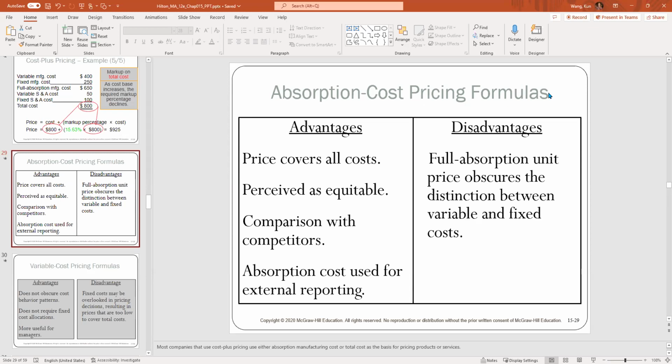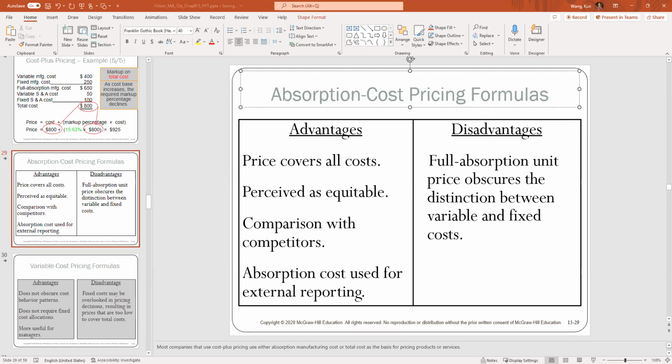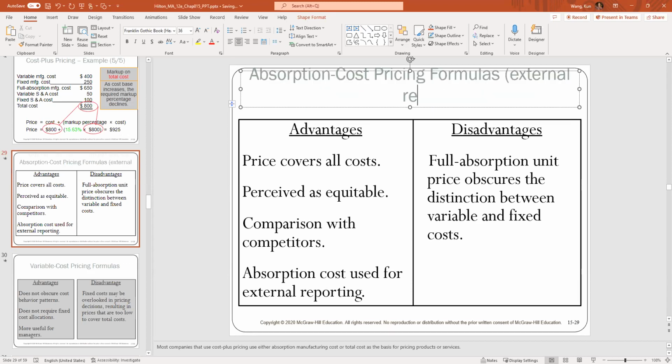For external reports, if you can recall, we use absorption costing for external users, like the traditional income statement. In the traditional income statement, we focus on the difference between product cost and period cost. We have gross margin in the middle.